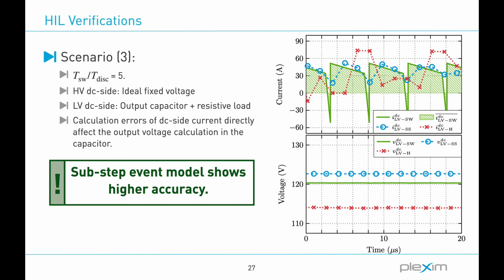So in green you can see the variable step reference simulation in Plecs, and we really try to compare now of these different models the performance regarding the output voltage. On the other hand, the substep event model correctly calculates the DC side currents without a large beat frequency. So the beat frequency is here clearly visible in the hybrid model.